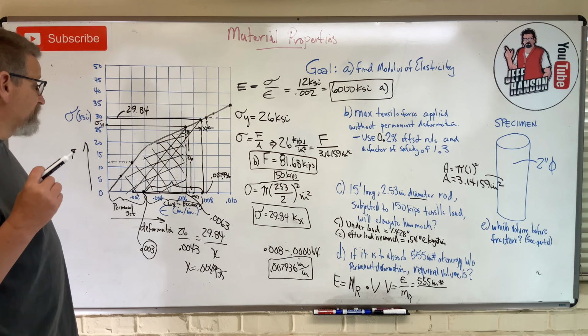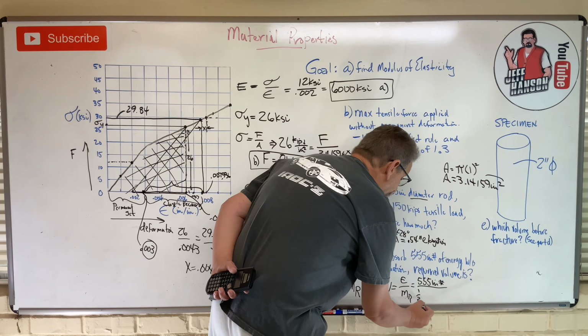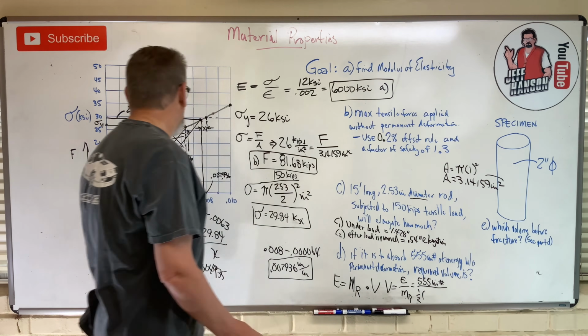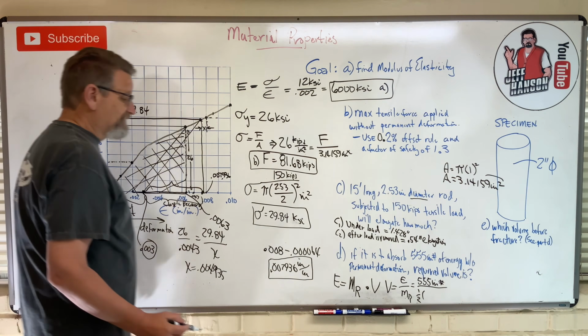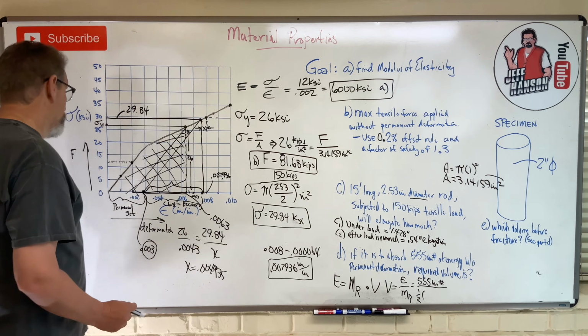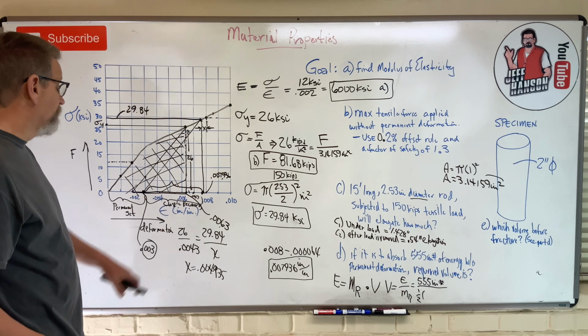So the modulus of resilience is 1/2 the base. What do we say the base was? 0.0063. The whole base is 0 out to 0.0063.